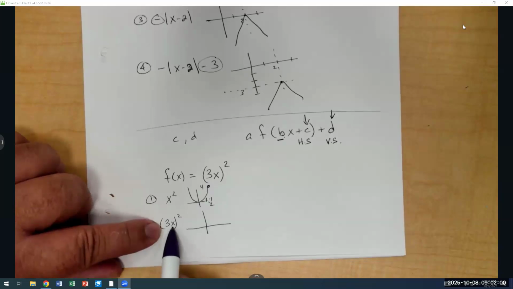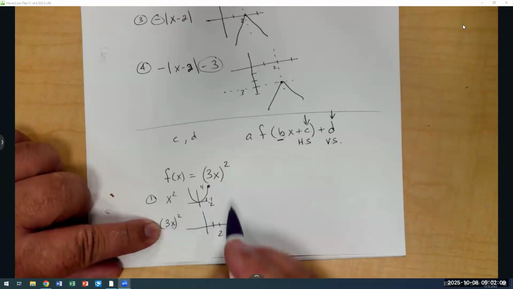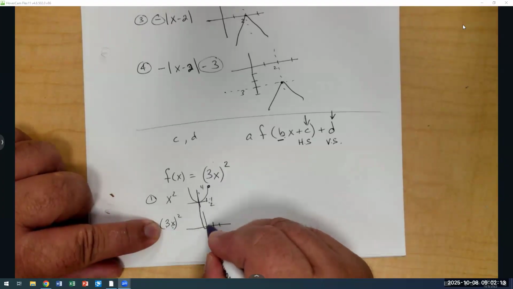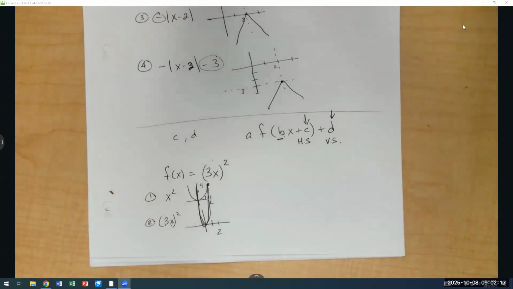Now, here, 3 times 2 is, remember, we're still at the number 2. But 3 times 2 is 6. 6 squared is 36. So it becomes a lot skinnier. Actually becomes 3 times skinnier.